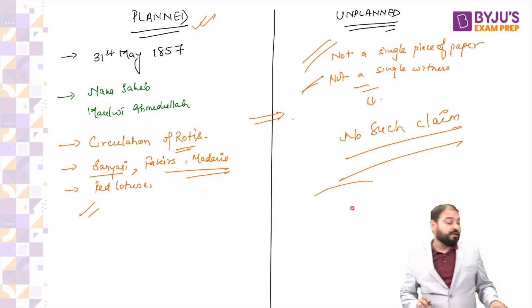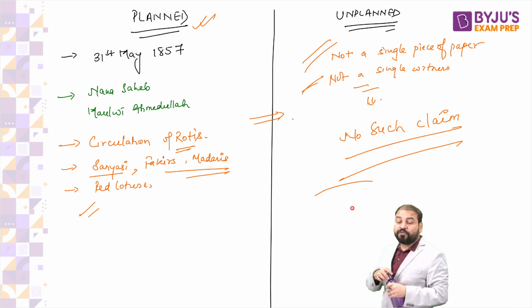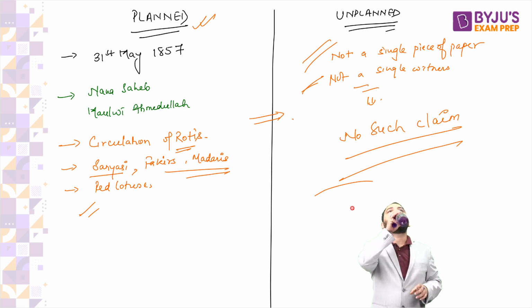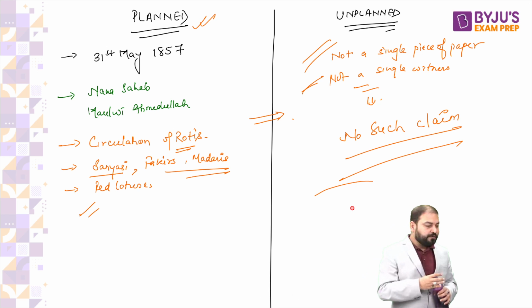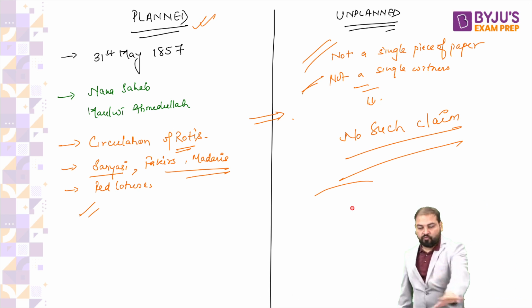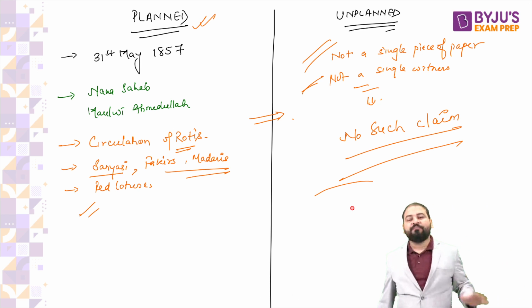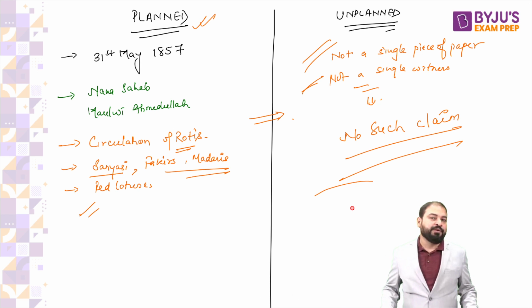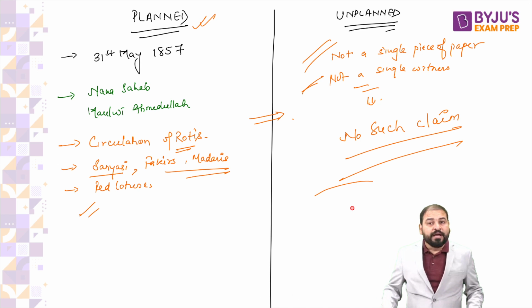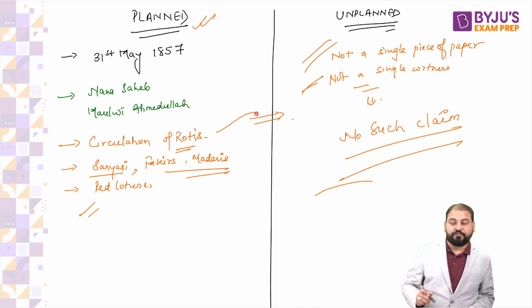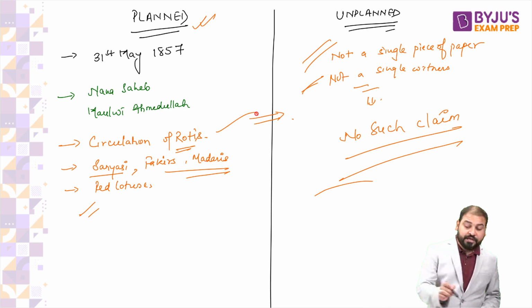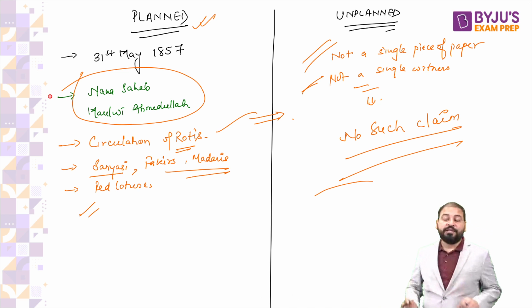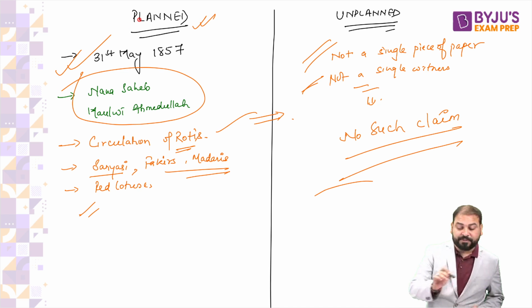Now, some people are here asking me that, sir, what was your answer in the interview? So, guys, my answer was what I have written here. I said to them that, sir, one group of historians, they believe that this revolt was planned, and in their defense, they quote that there was a lot of circulation of rotis, the messages being passed by sannyasis, fakirs, madaris, and they say that these two were the leaders who did all this planning and had fixed this particular date.